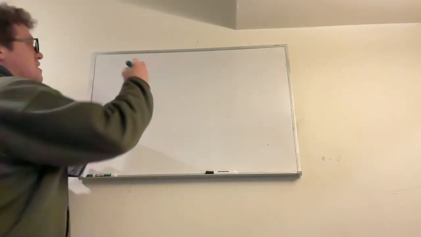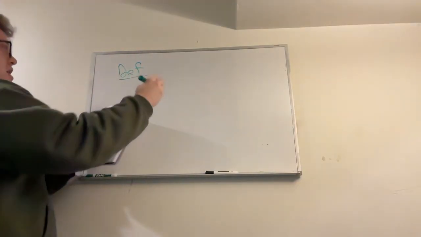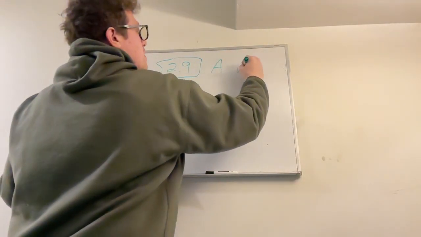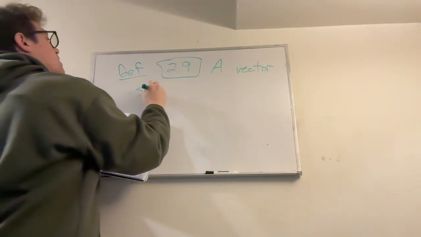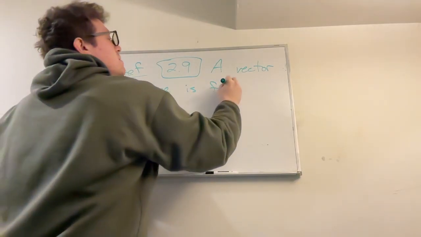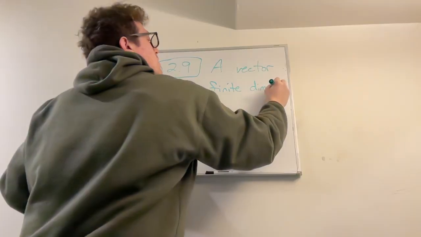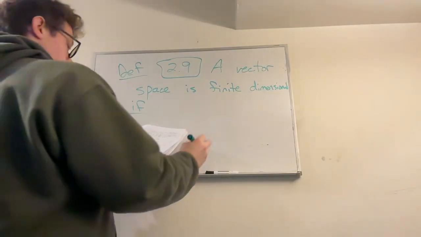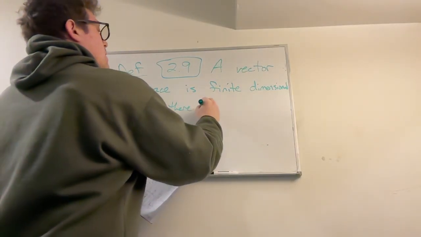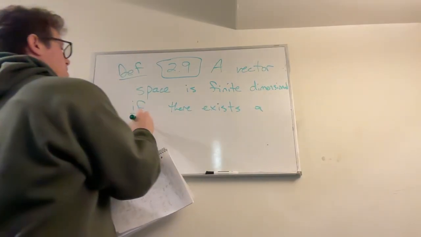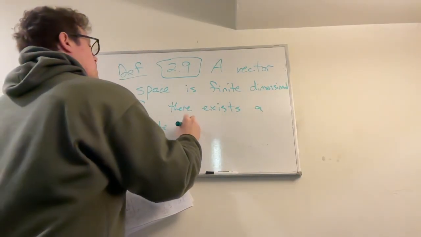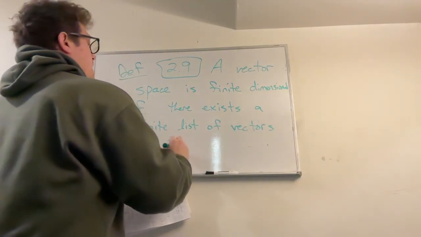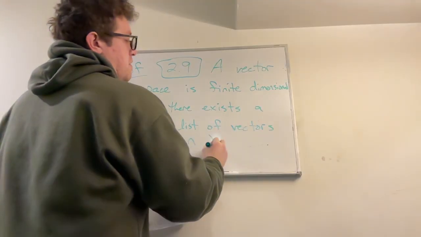He says, definition 2.9, a vector space is finite dimensional if there exists a finite list of vectors that span V, the vector space.